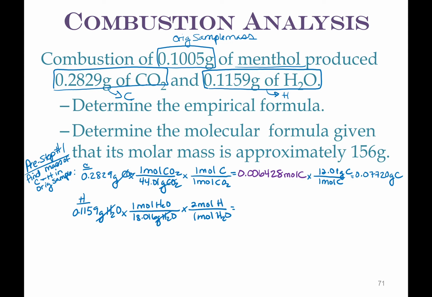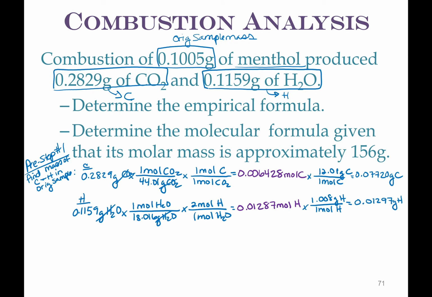So 0.1159 divided by 18.016 times 2 divided by 1 is 0.01287 moles of hydrogen, times 1.008 grams of hydrogen per mole, is 0.01297 grams of hydrogen.